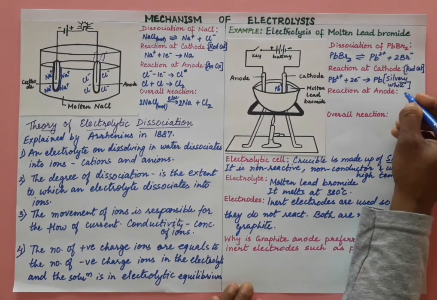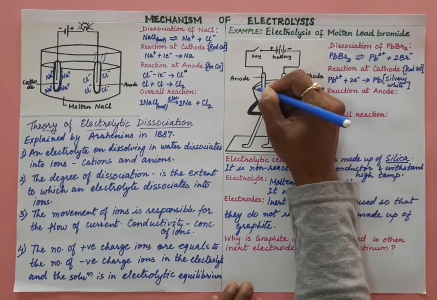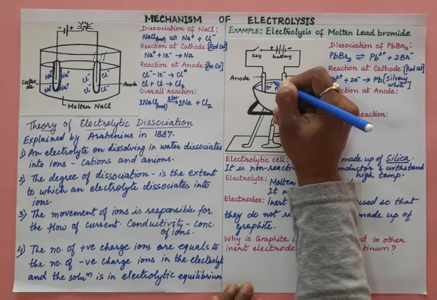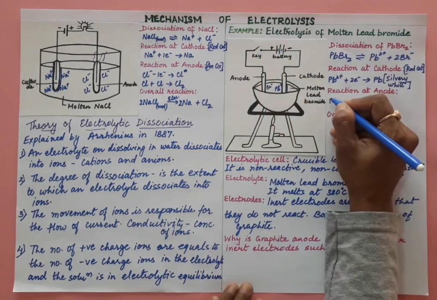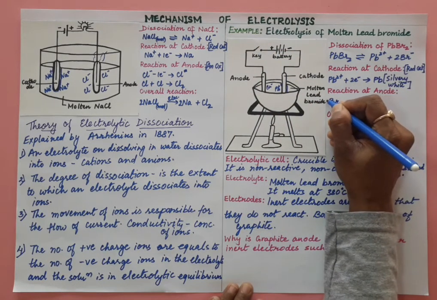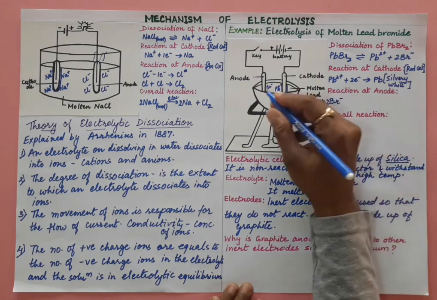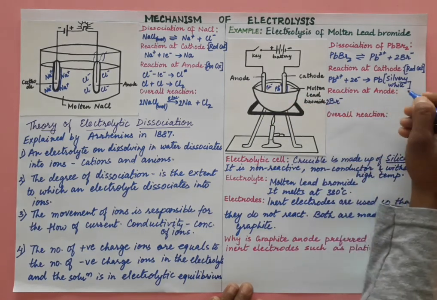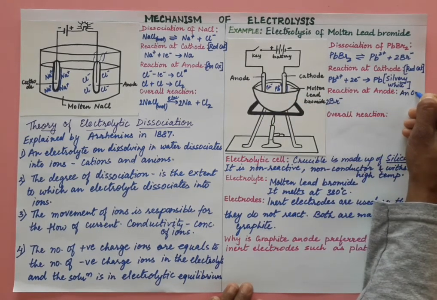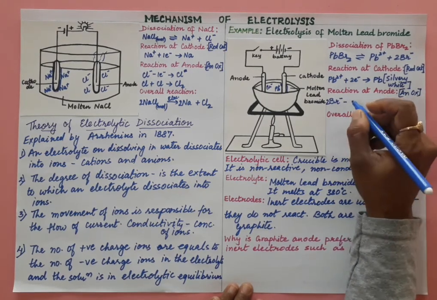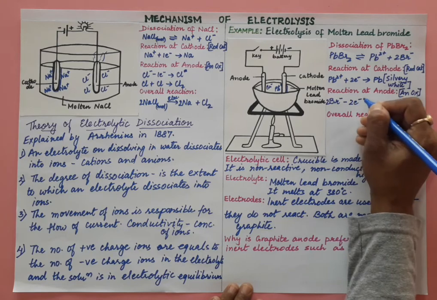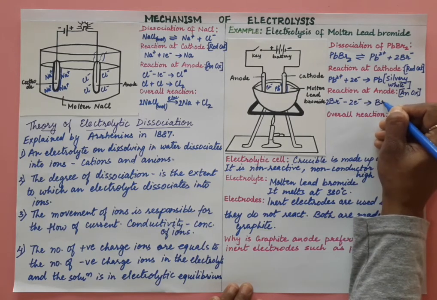Now what happens at the anode? All these bromide ions will move towards the anode, once the whole circuit is closed. When they move towards the anode, oxidation always takes place. Always remember AN OX, oxidation at anode. Two bromide ions will lose 2 electrons and we get bromine vapors.